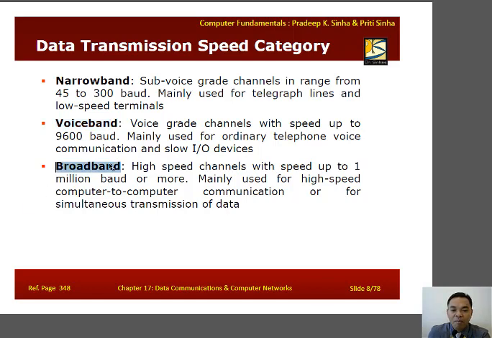And we have here broadband. It refers to high-speed channels with speed up to 1 million baud or more, mainly used for high-speed computer-to-computer communication or for simultaneous transmission of data. So kindly take note of this speed category in data transmission.